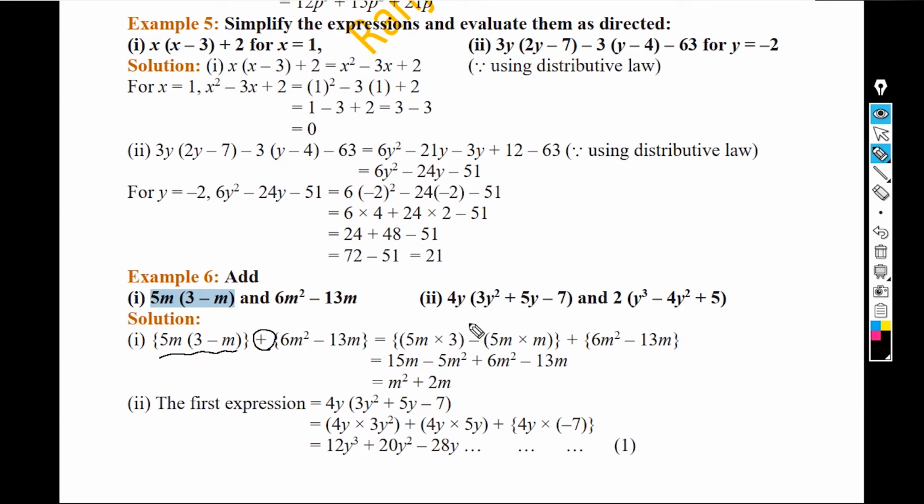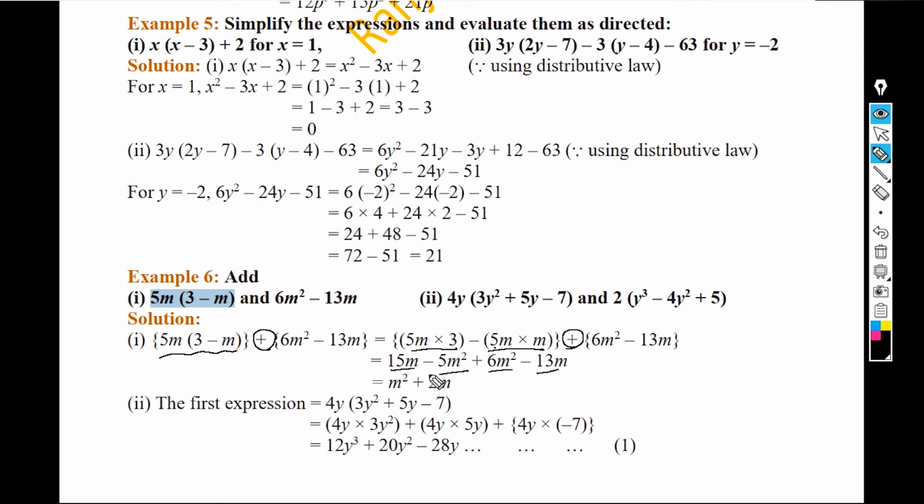That is, you will get 5 3s are 15m, minus 5m into m, that is 5m square. In between there is plus sign, and 6m square minus 13m. Just remove the bracket. After removing the bracket, you have to write 6m square minus 13m.